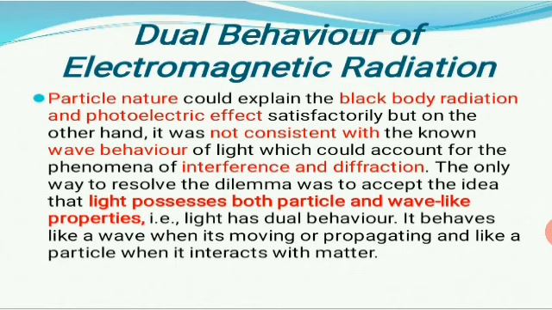The only way to resolve the dilemma was to accept the idea that light possesses both particle and wave-like properties. Light has dual behavior: it behaves like a wave when it moves or propagates, and like a particle when it interacts with matter.